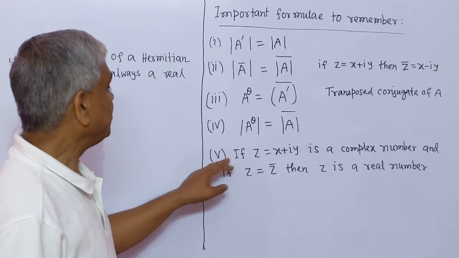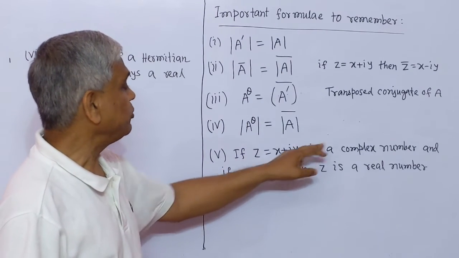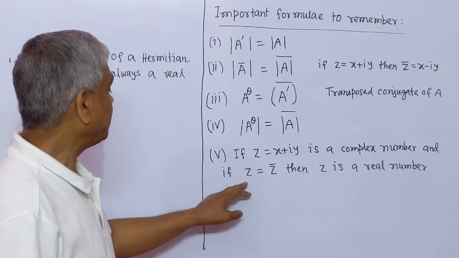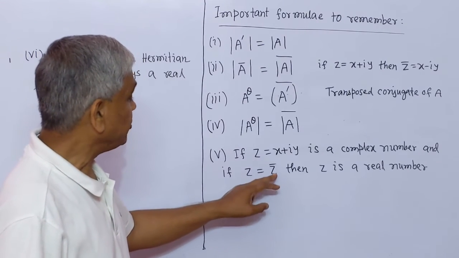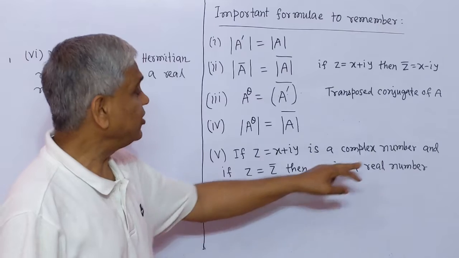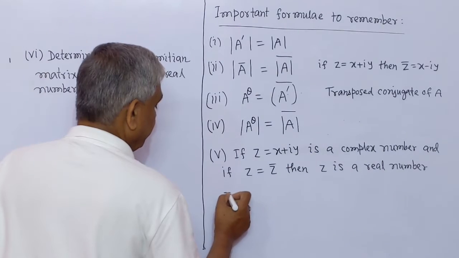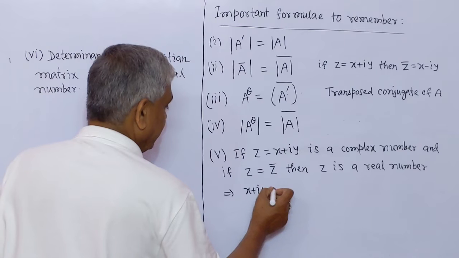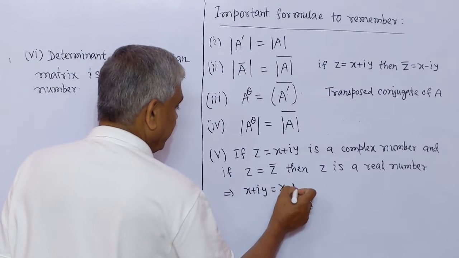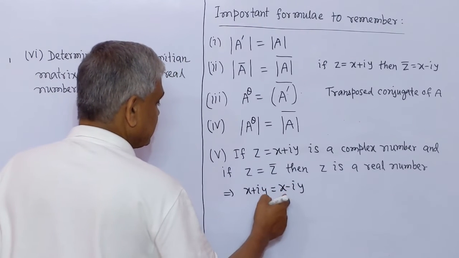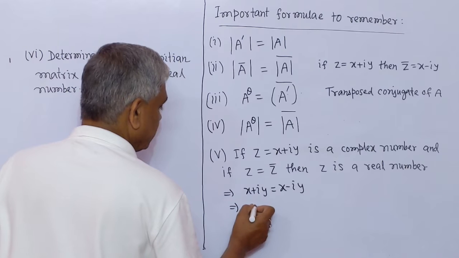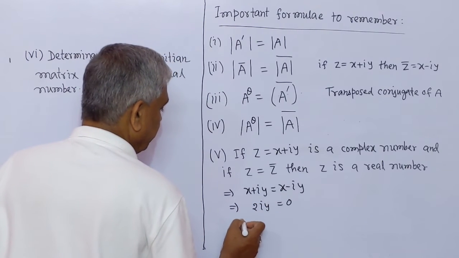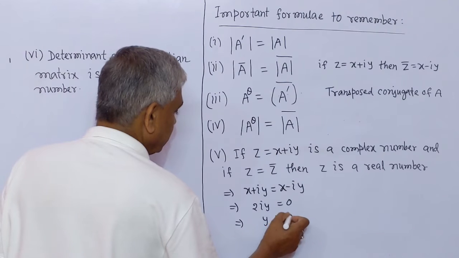Number 5. If Z equals X plus iY is a complex number, and if Z equals Z bar, then Z is a real number. This implies that Z means X plus iY and Z bar is X minus iY. X cancels, implies that 2iY equals 0, implies that Y equals 0.